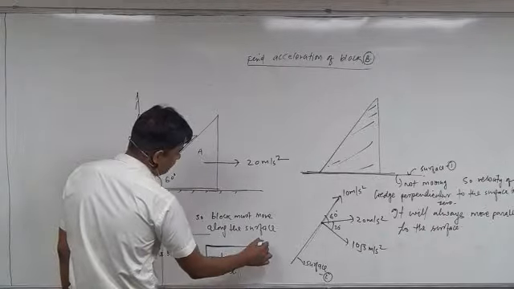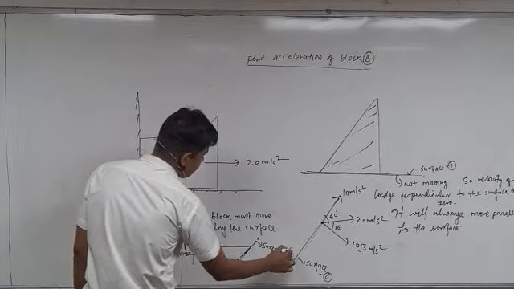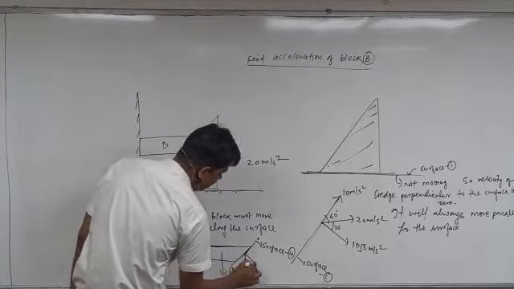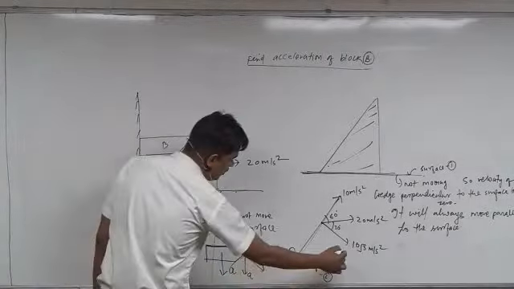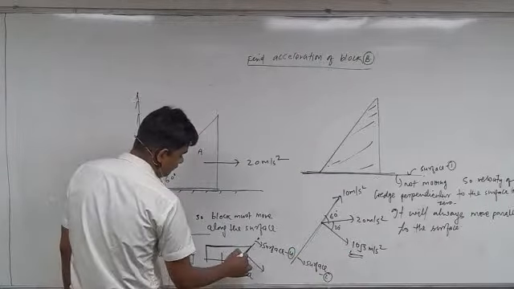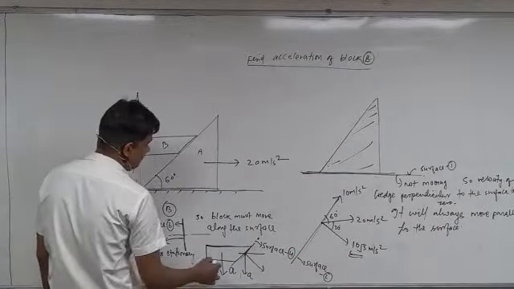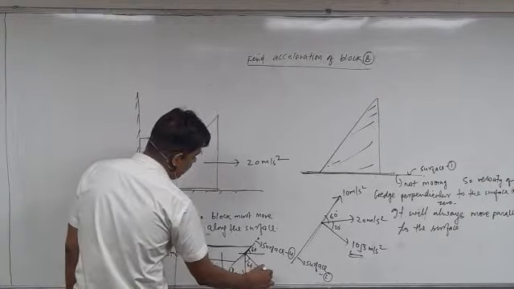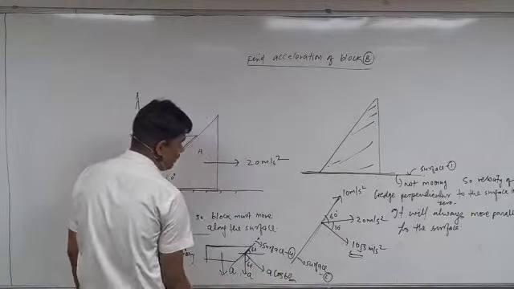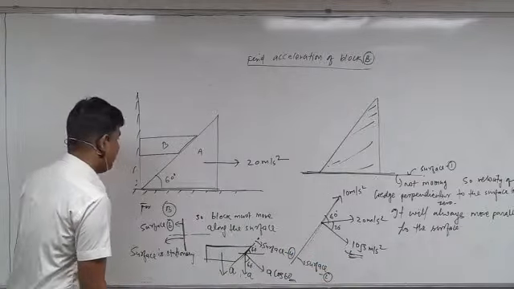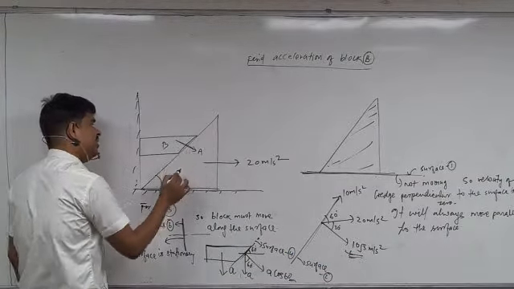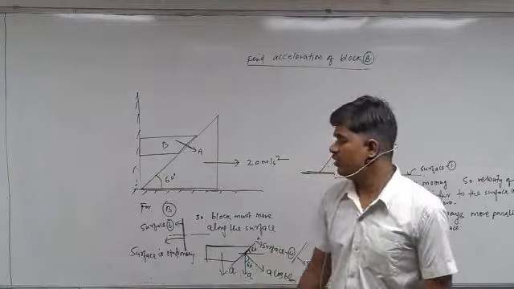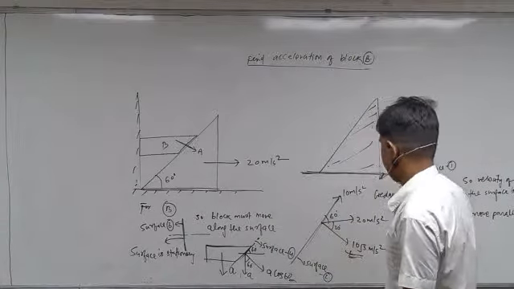This surface is moving. So the component of acceleration along this surface must be equal to 10 root 3. This angle is 60. So I will say A cos 60 must be equal to 10 root 3. This is the direction along which the accelerations of both the bodies in contact must be the same.